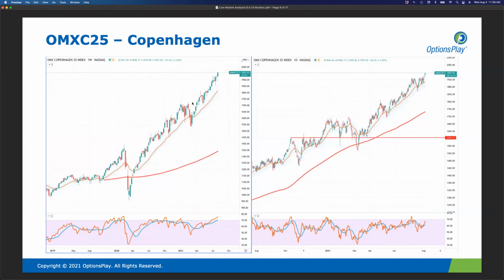You have similar types of concerns here, but as you can see on the Danish markets, a higher high in price was actually confirmed by a higher high in momentum. Momentum also made a higher high on multiple timeframes, as you can see. As the markets move higher, momentum has moved higher. The one thing that I want to warn investors is that we are very much overbought, right? The thing is that things can stay overbought for quite some time, and that is totally okay.